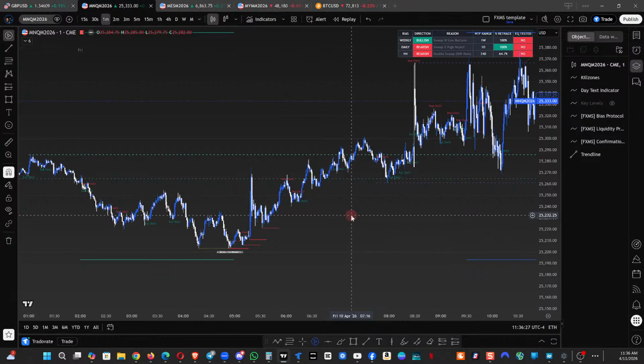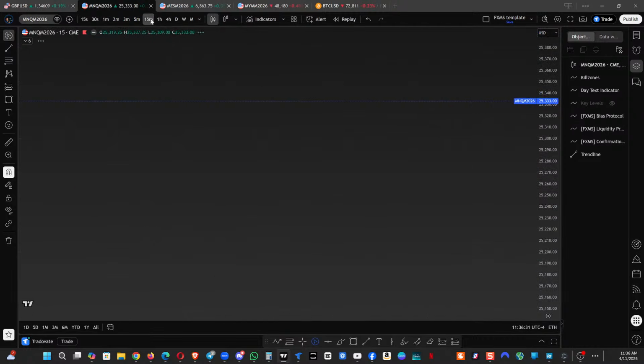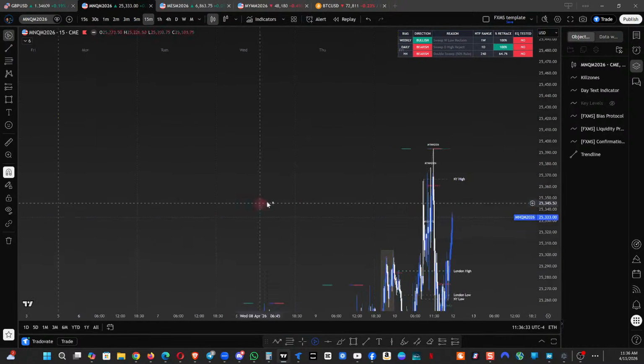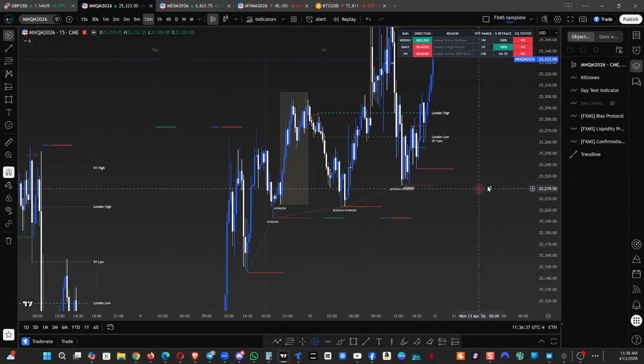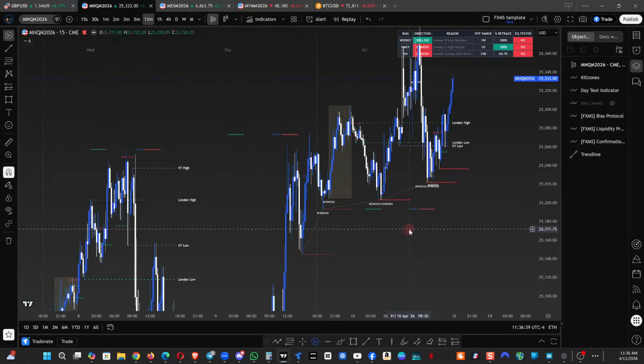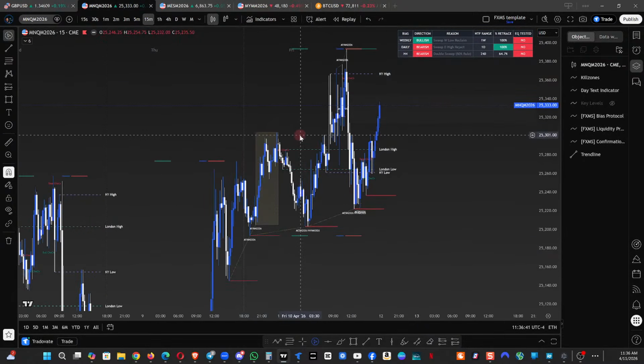Okay. And the same would go for London. Let's say we swept the low in Asia in London. We're going to be targeting the Asia range high. And after that Asia range high is taken, we will wait for New York to come in to sweep the London high, potentially.